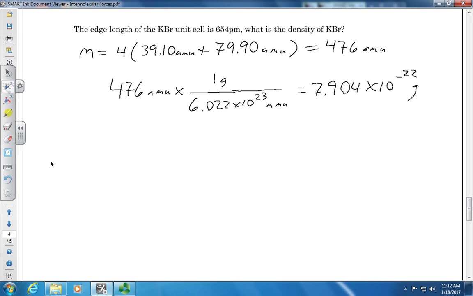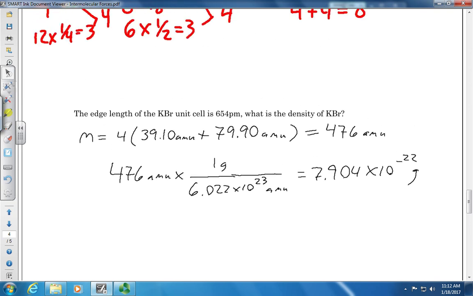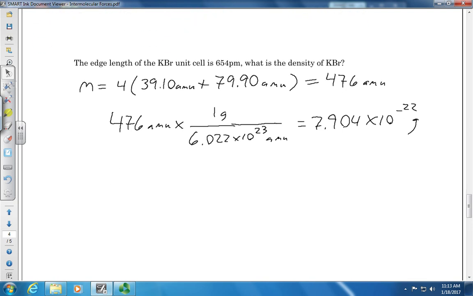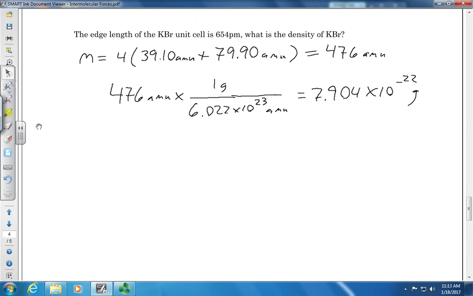Then, using our information that it is a face-centered cell, we can calculate volume, which is simply going to be the edge length cubed.